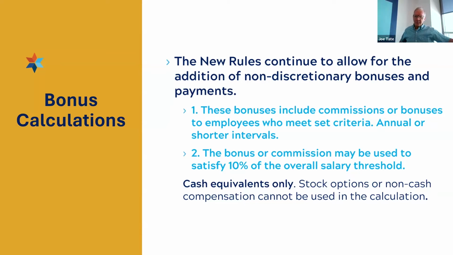The bonus or commissions may be used to satisfy 10% of the overall salary threshold. I've got a lot going on in this slide about the bonuses, and we have an example on the next slide that'll show you exactly what I mean. And the bonuses must be cash equivalents only, so it cannot be stock options or non-cash compensation. That could not be used in the calculation.